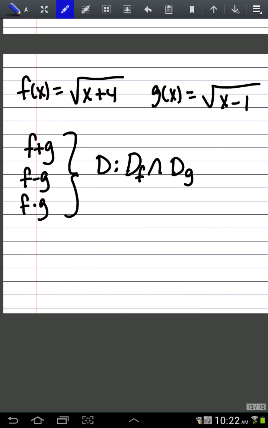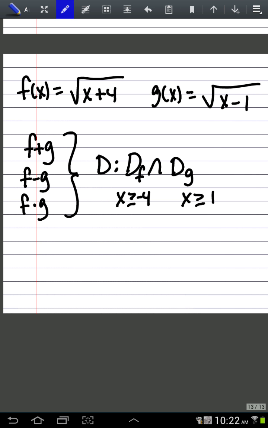Greater than negative 4, or can it be greater than or equal to negative 4? Greater than or equal to, because it's okay for the square root to be 0. So the domain for F is x greater than or equal to negative 4. Now, what about the domain of G? Greater than or equal to 1.